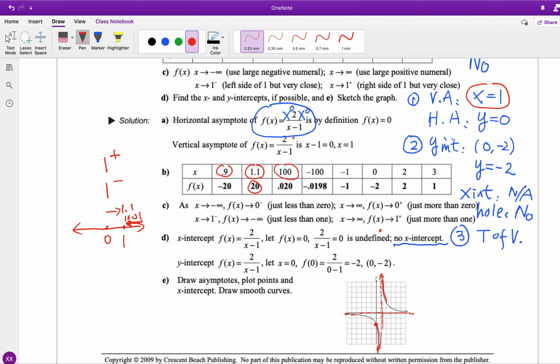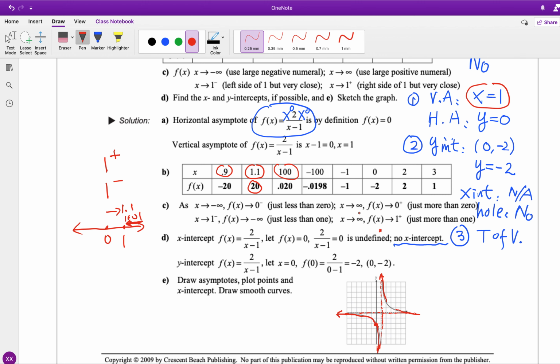So then that becomes 2 divided by 100, which is 0.02. 0.02 means so close to 0. And your next one is the same thing, with negative 100. Negative 100 gives a negative number, so the y value is negative but approaching 0 from the negative region.